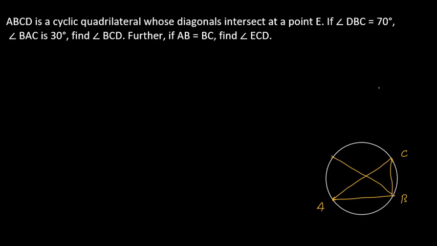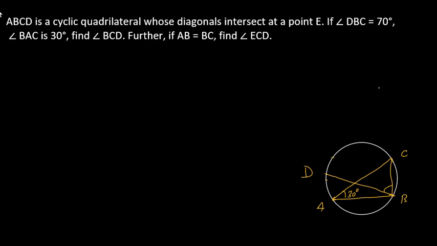Now this does not look like 70 degrees, so just a minute. From here I will start. Fine. Now this angle looks like 70 degrees. It looks like 30 degrees. So here it is 30 degrees.